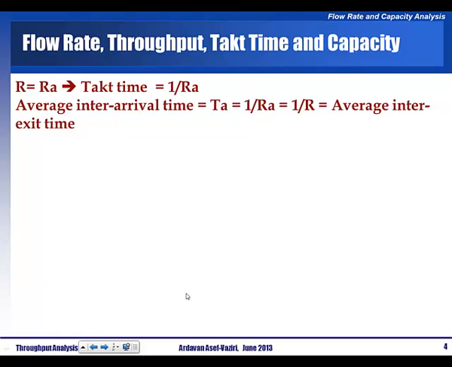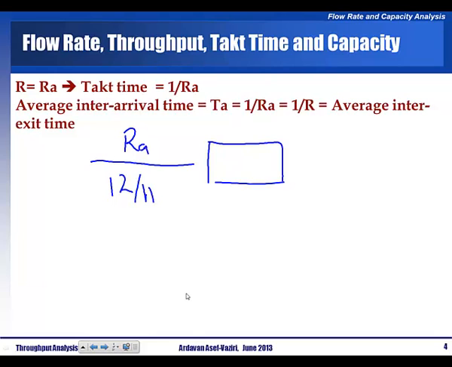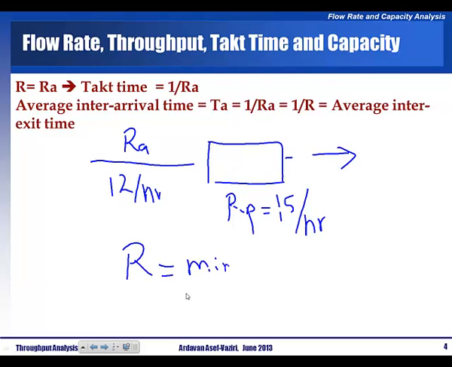Throughput is defined based on arrival rate. So if there is a process here and arrival rate is 12 per hour and capacity or RP is 15 per hour, throughput of the system is always equal to minimum of RA and RP.